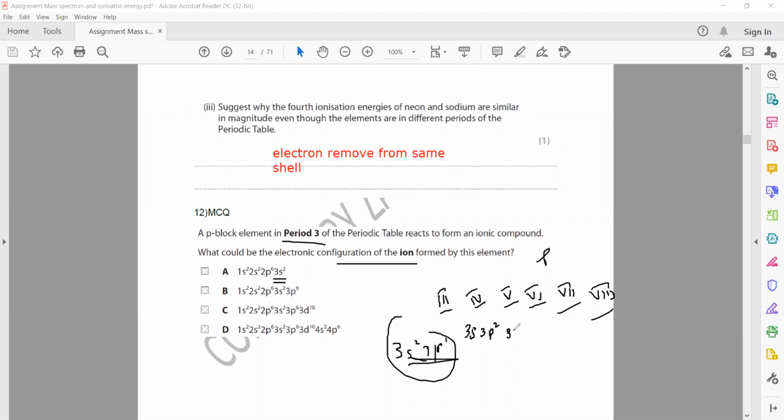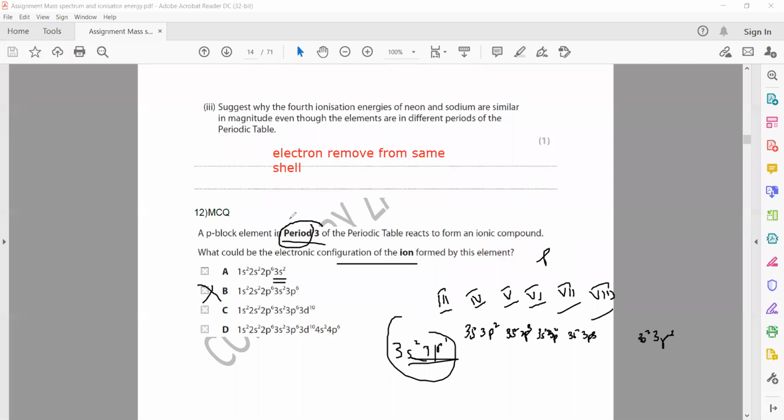If it is group 5, it will be 3s2 3p3. Then 3s2 3p4, 3s2 3p5, and 3s2 3p6. So it will complete an octet and gain stability. So B is the right answer.